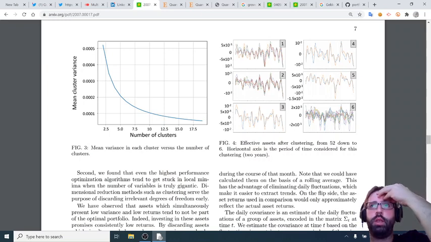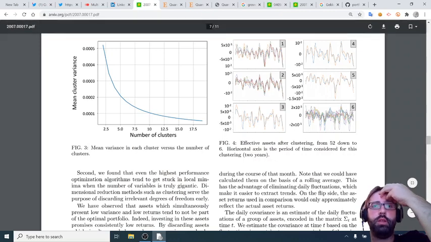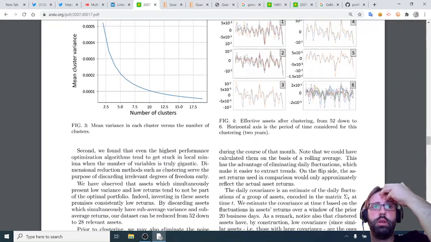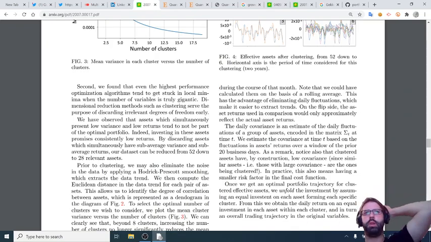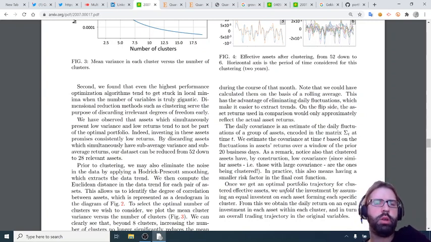The idea is that this should make it easier for VQE, I guess. Clustering will also eliminate the noise in the data by applying Prescott smoothing, which extracts the data trend. We then compute the Euclidean distance in the data.